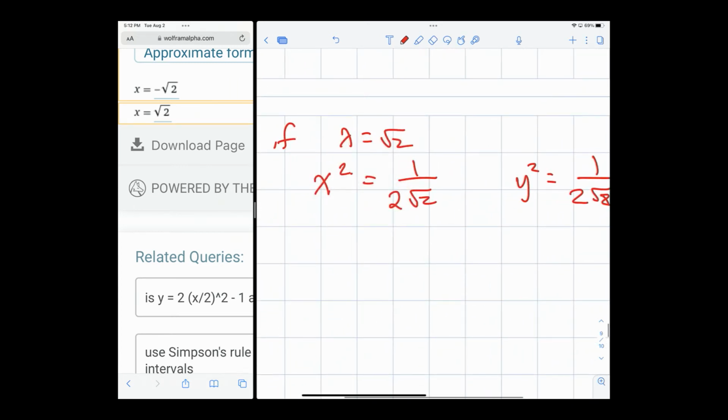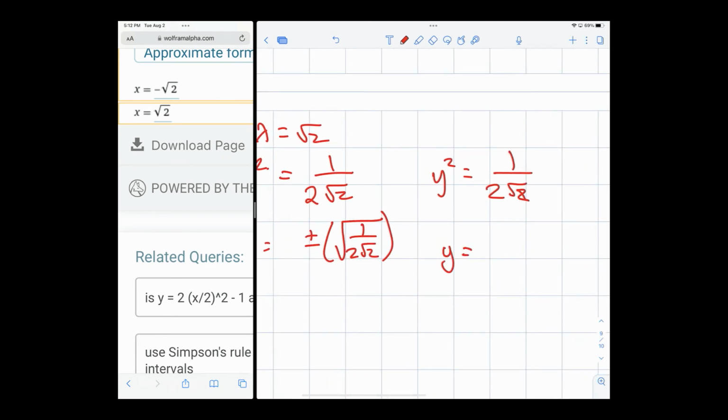And then if you square root that, you have x is plus or minus the square root of 1 over 2 square root 2. And y is also going to be plus or minus the square root of 1 over 2 square root 2.